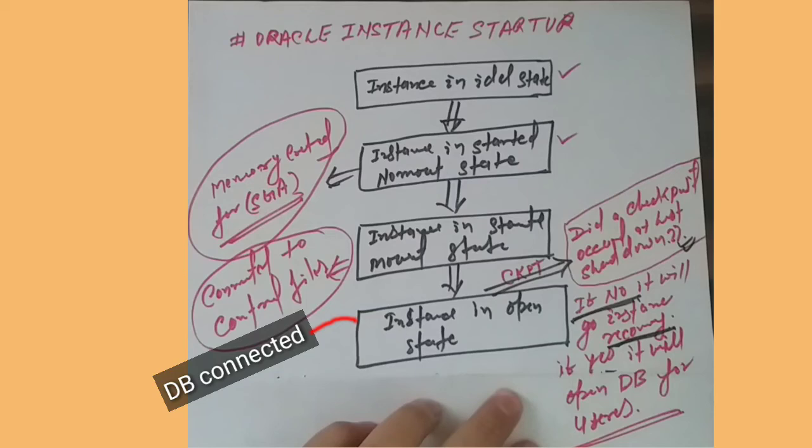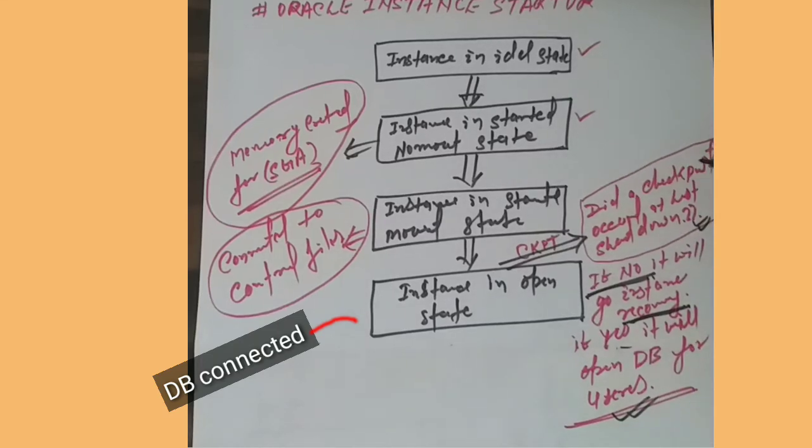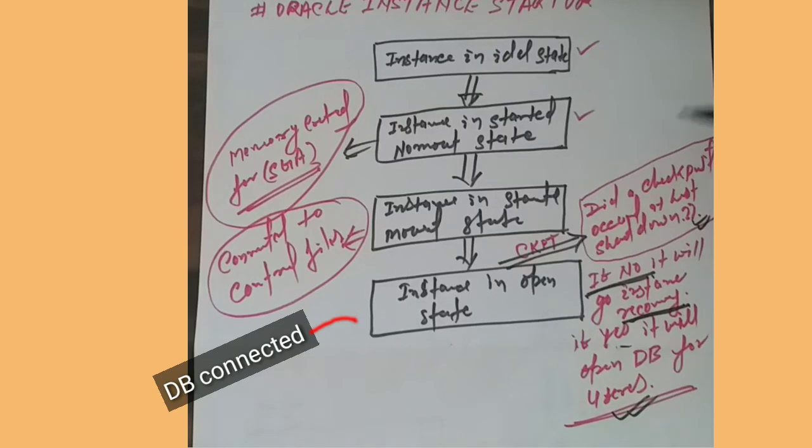If yes, means checkpoint already occurred during the last shutdown, then it will open the DB for users. Okay, so these are the process for the Oracle instance startup, how it's coming in different stages and how it's coming to open state for users.